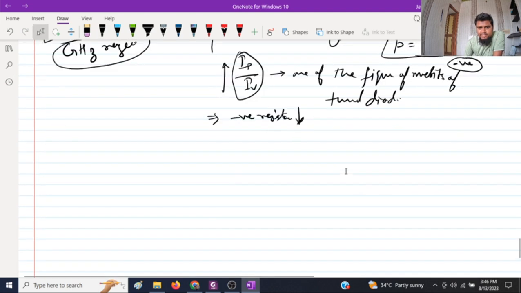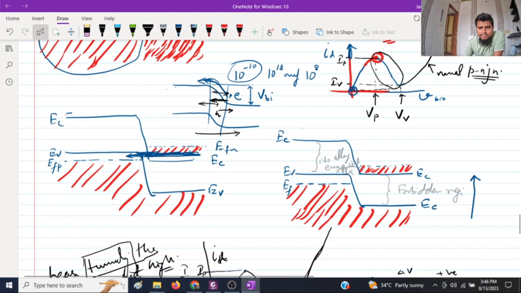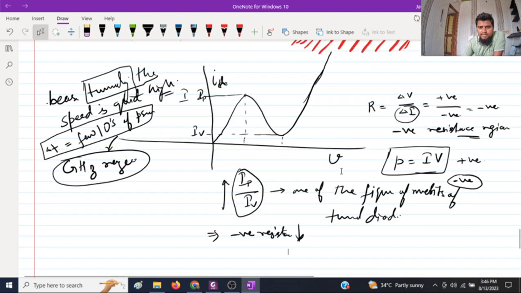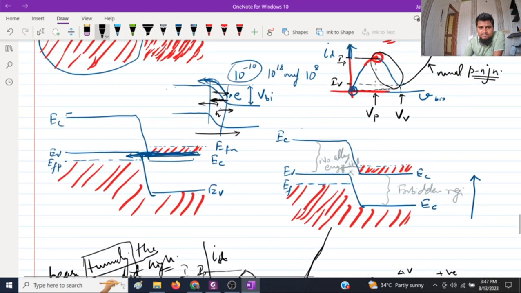Now let us see what will happen in the reverse bias case. We have already seen this. Technically you can also find the peak voltage and valley voltage. How to find the peak voltage? The peak is when this EFN exactly aligns with this EV.